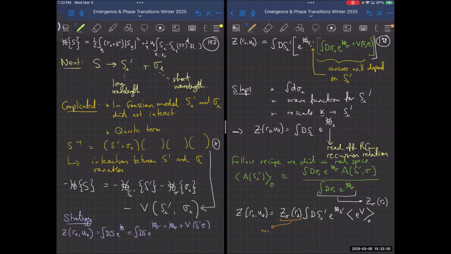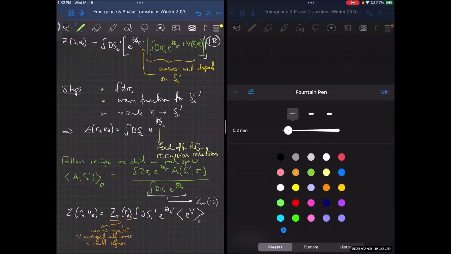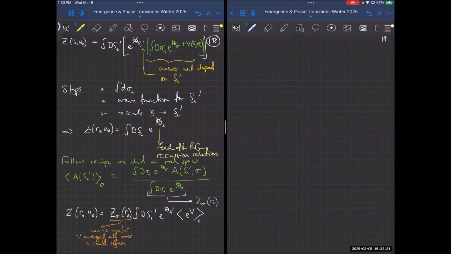It's going to be non-singular, because we averaged only over a small region of the system, the high wave number degrees of freedom. Because it's a finite sum of terms, it's not singular, so it can't be non-analytic. So that's that term.